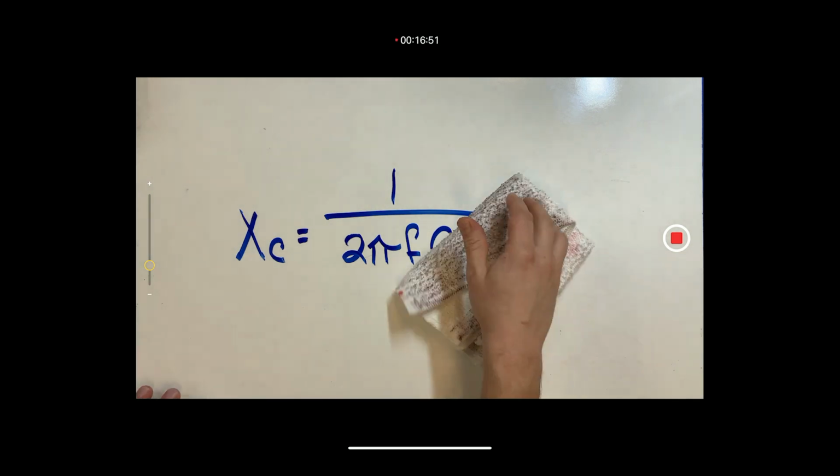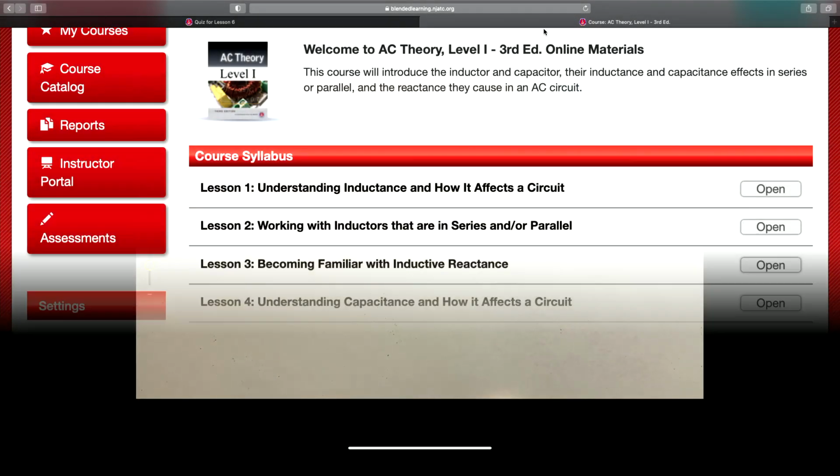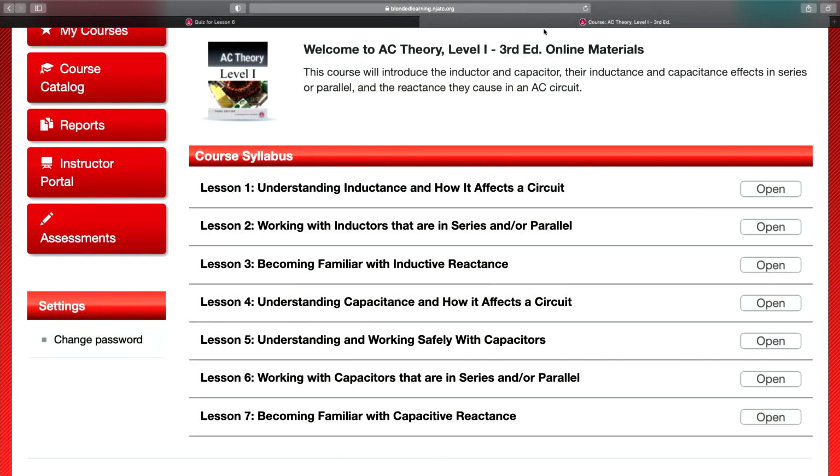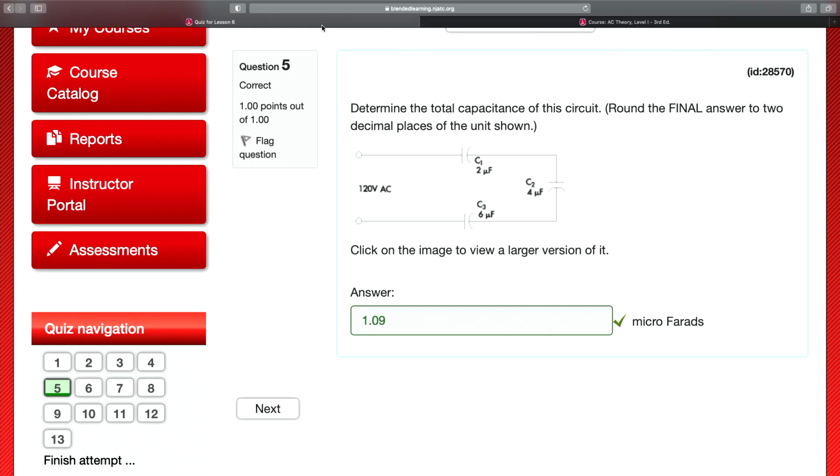So, to pick a problem that we could take a look at real quick to explain this, I chose question 5 on lesson 6 to begin with. Now, I've already answered this because this is take 2, but determine the total capacitance of this circuit.